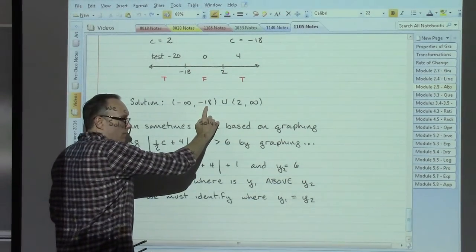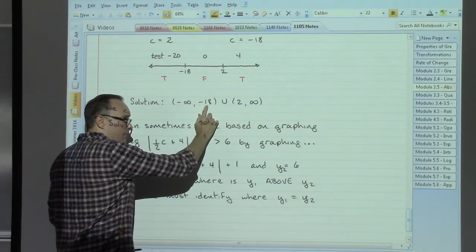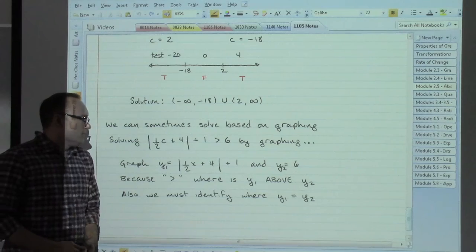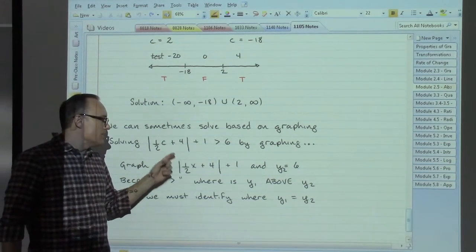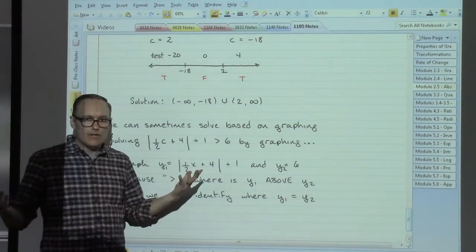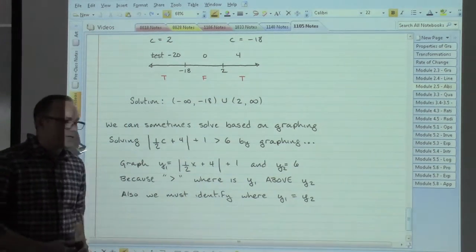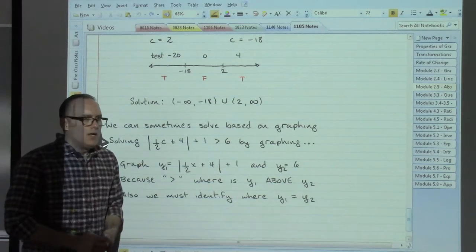Well, we know now from doing this with the test point method, that's going to be the negative 18 and the positive 2. Notice that we just switched out the c for an x in order to do the graphing stuff. No big whoop, but there is that option that's available to us as well.